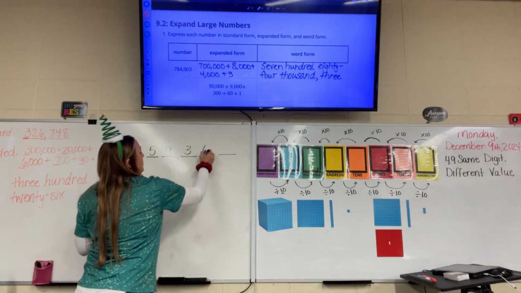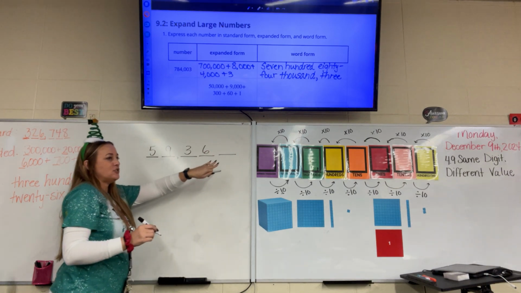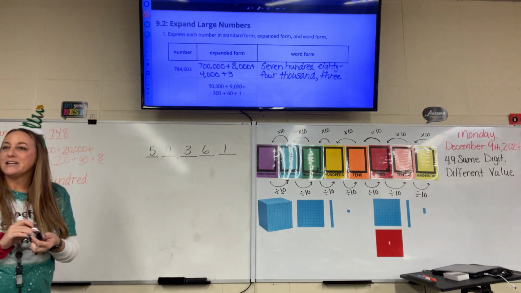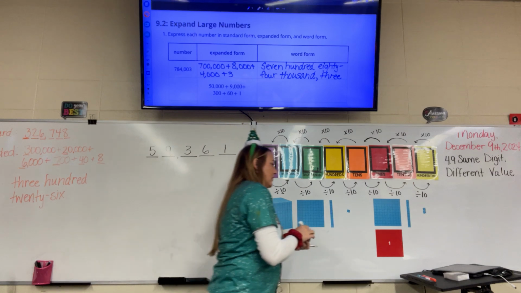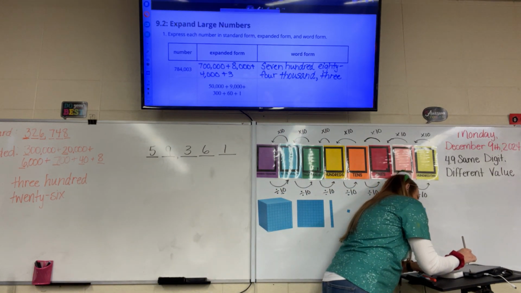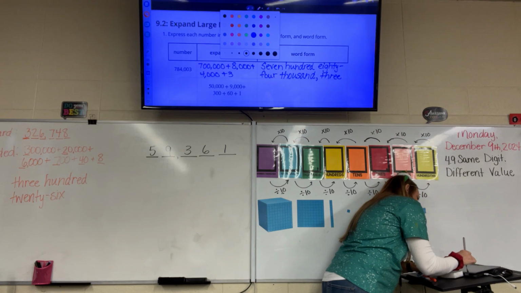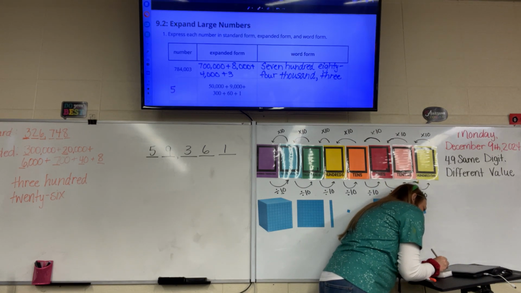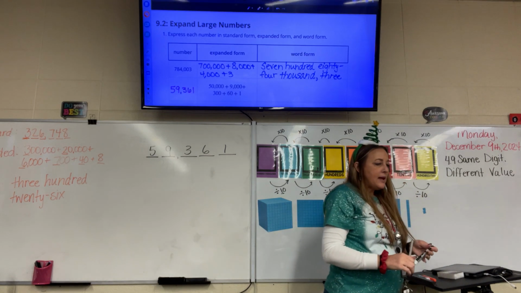What's gonna go in the ones place, Jackson? 1. So that is the number that you need to have written down in the first spot. And I'm gonna change the color here so it stands out a little bit. 59,361.